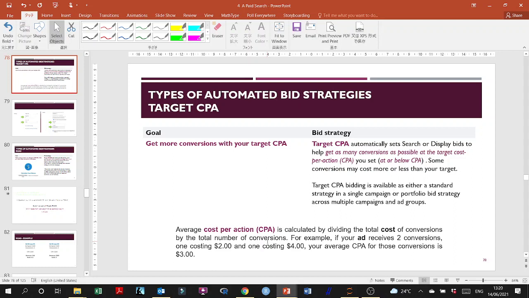For example, if your ad receives 2 conversions, one costing $2 and one costing $4, your average CPA for these conversions is $3. This is if you are running only conversion campaigns.